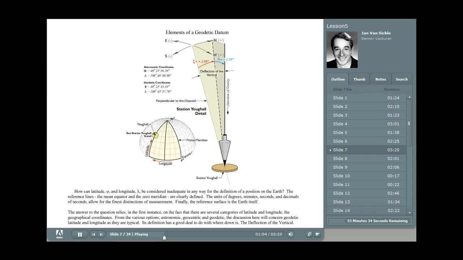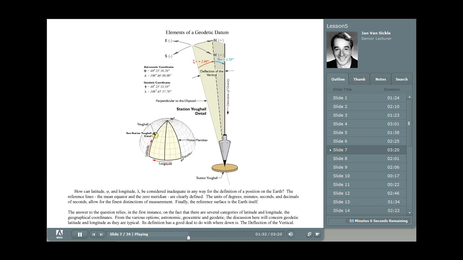Now, the reason that these differ to such a large degree is because when one does an astronomic observation, down is according to gravity. However, when one does geodetic calculation of latitude and longitude, down is perpendicular to the ellipsoid that one is using.